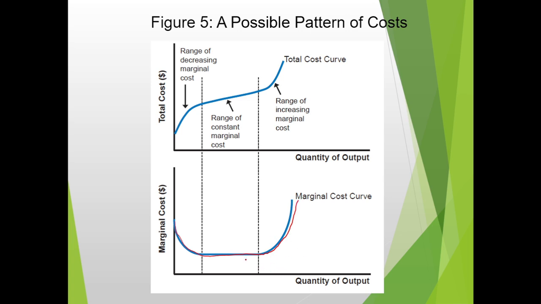That means that if you start to employ more and more units of the variable input, first of all, the marginal cost will decrease, then it will become constant, and then it will increase.